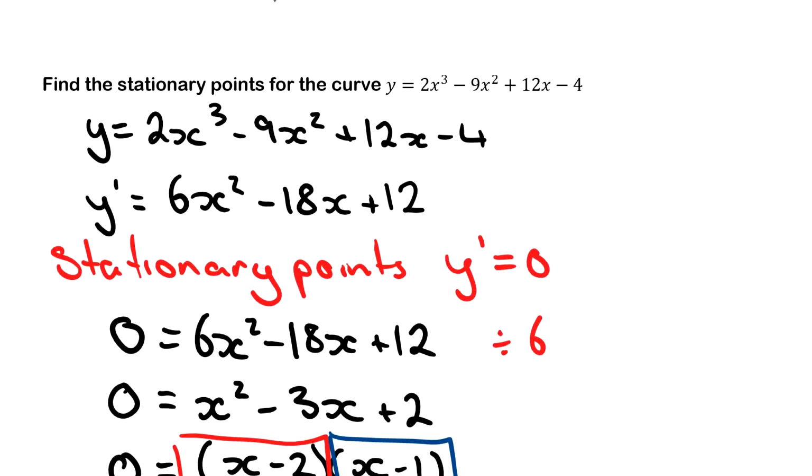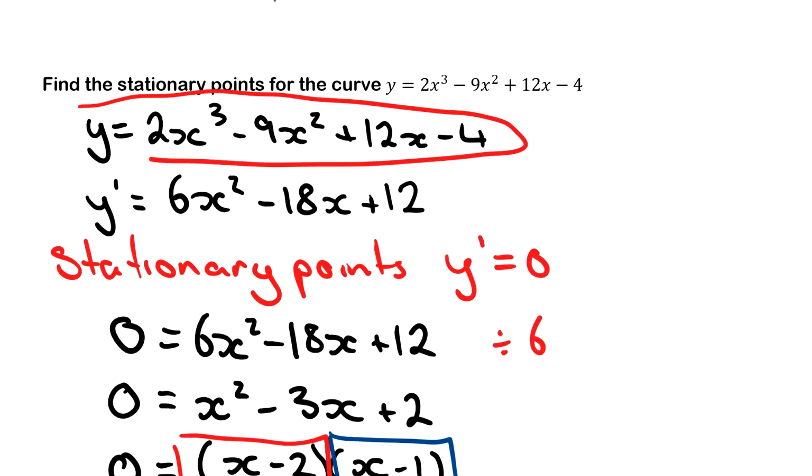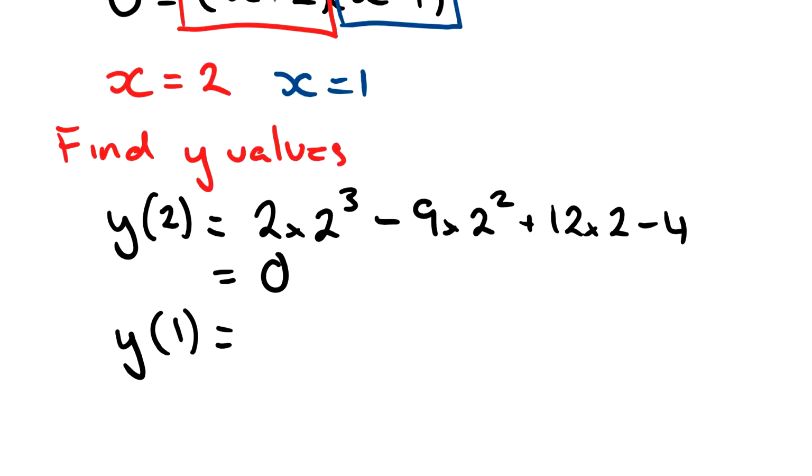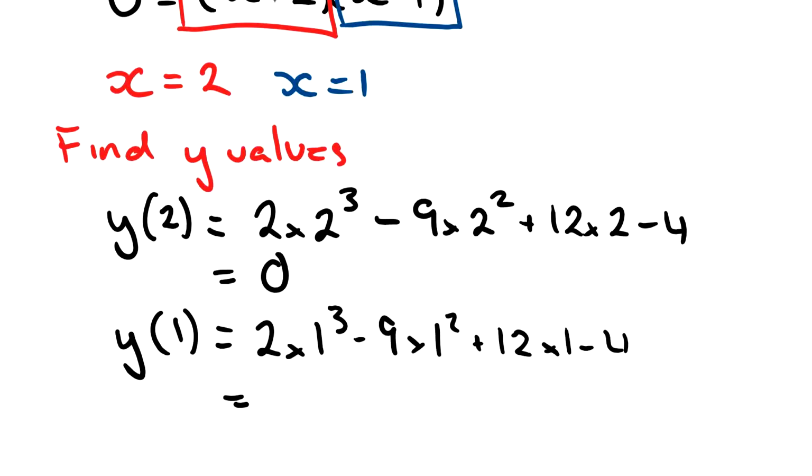I am just using the original function, and all I've done is replace all the x's with 2. At this point you can put that all in your calculator and that comes out as 0. Now I'm going to do the same for our other point, x equals 1. So 2 times 1 cubed, minus 9 times 1 squared, plus 12 times 1, minus 4. And that comes out as 1.